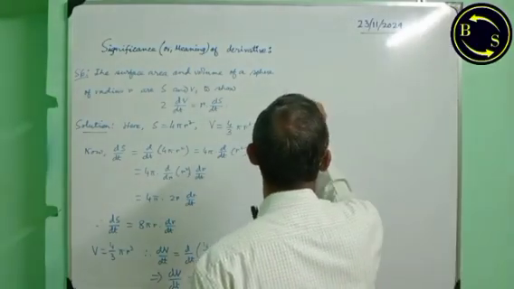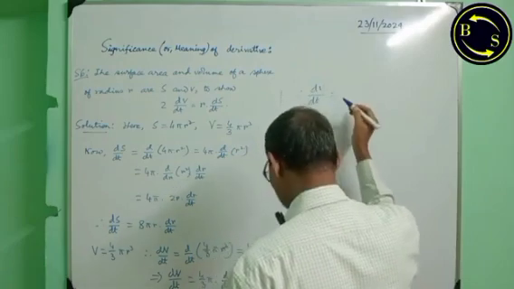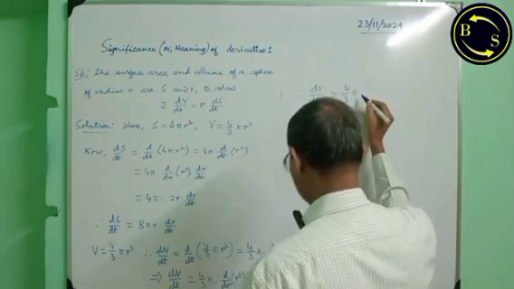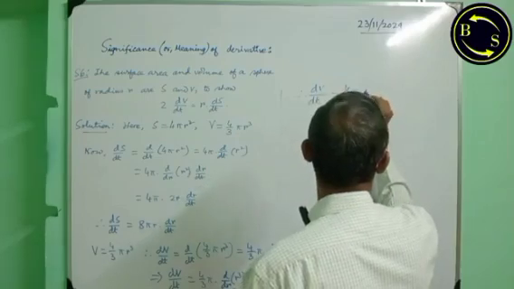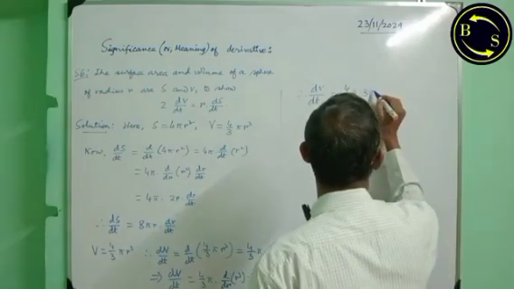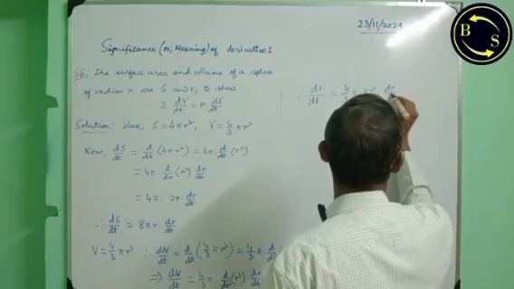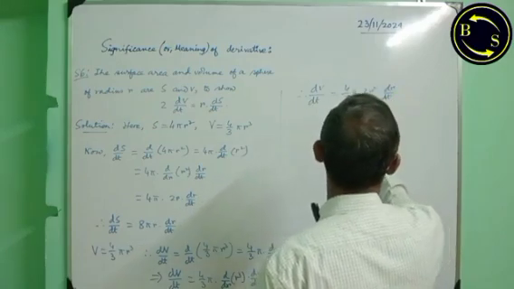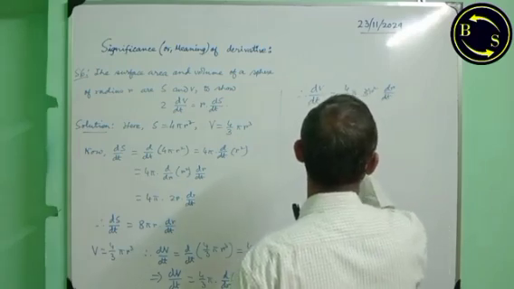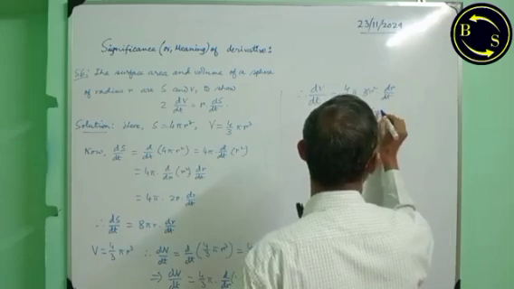Therefore, dV/dt is equal to 4 by 3 pi into derivative of r cube with respect to r, 3r square, into dr/dt. 3 cancelled. Finally, 4 pi r square into dr/dt.